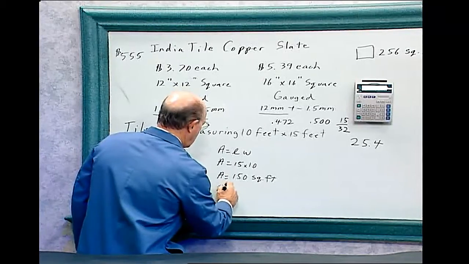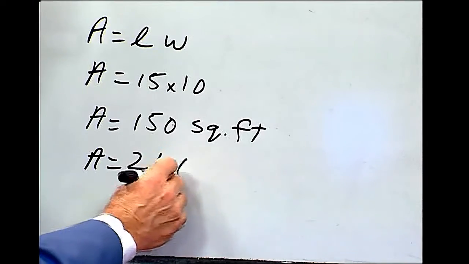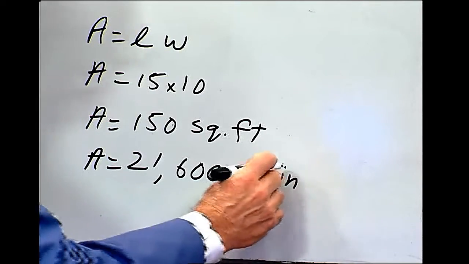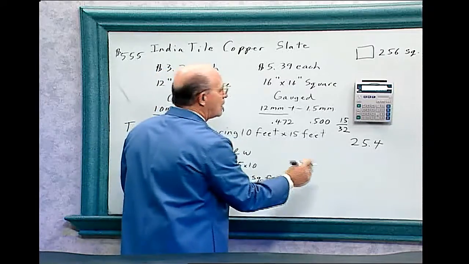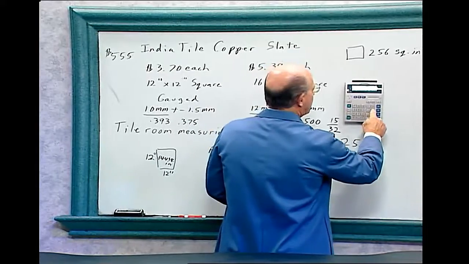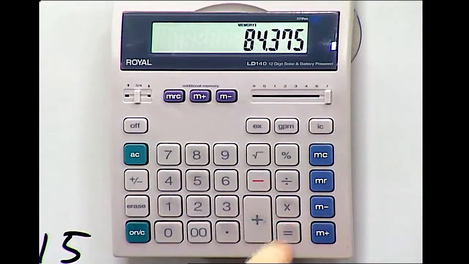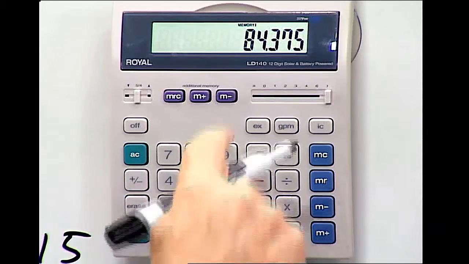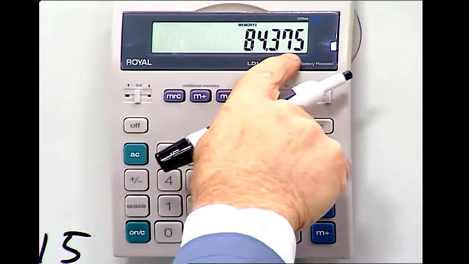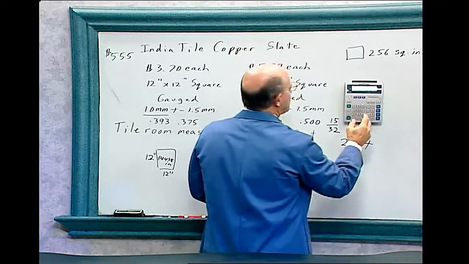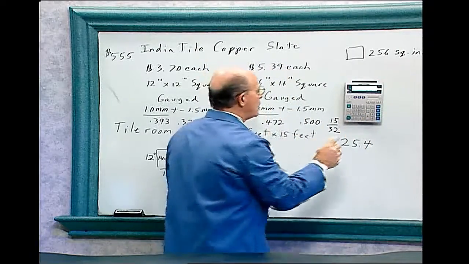So area equals 21,600 square inches. So we divide that by memory recall, 256, equals 84.375. We'll round it up to 85, so you need 85 tiles.